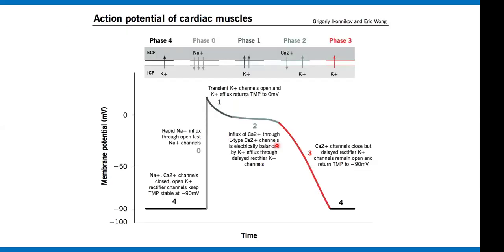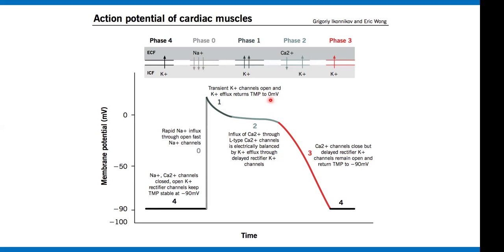So this is a diagram outlining it more clearly. We have phase 0, then phase 1, then phase 2, phase 3, and phase 4. The main channels and ions we need to remember are sodium for phase 0, and sodium closing in phase 1.